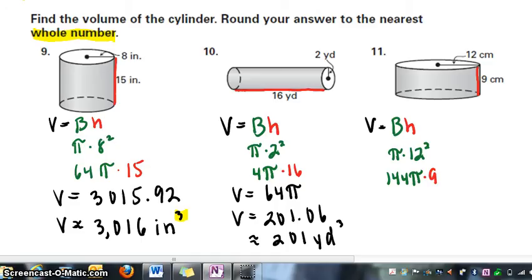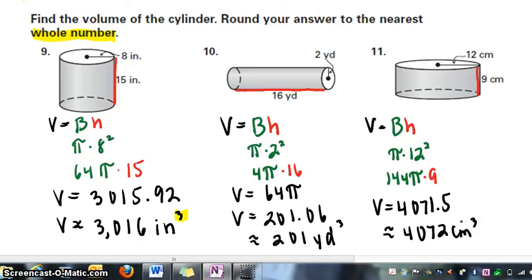And what do we get? 144 times 9 times pi. And that's a big number. Volume equals 4,071.5, and rounded to the nearest whole number is 4,072 centimeters cubed.